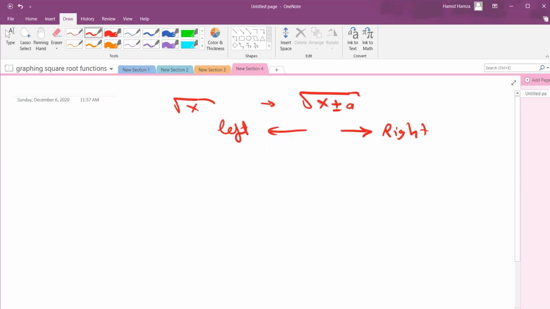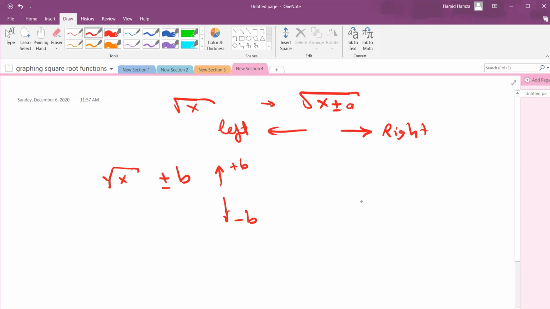So if it is x plus a, that means move to the left. If it is minus, it will move to the right. If a number is written outside the root, it will move either up or down like this. Okay, guys.